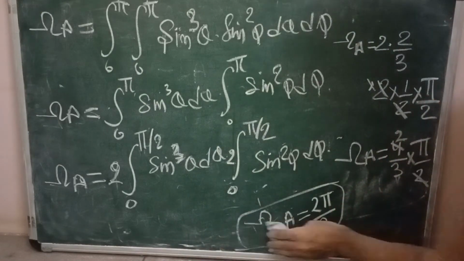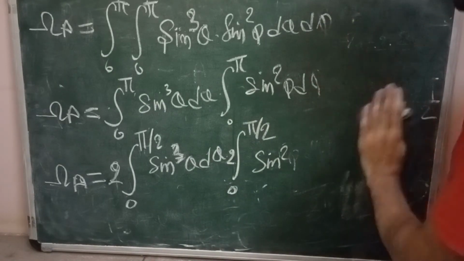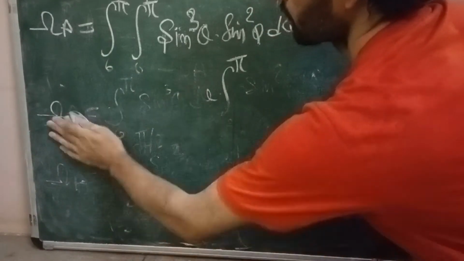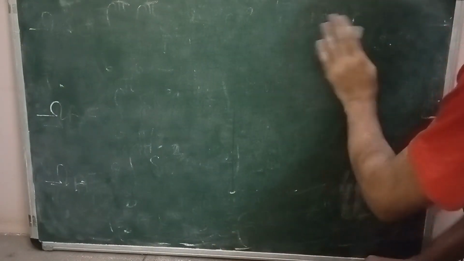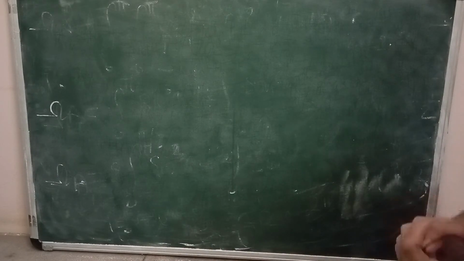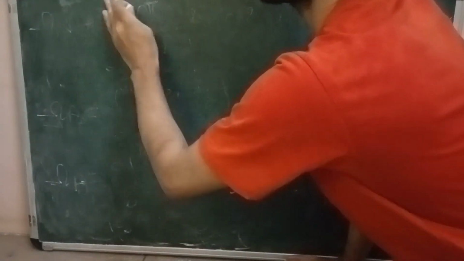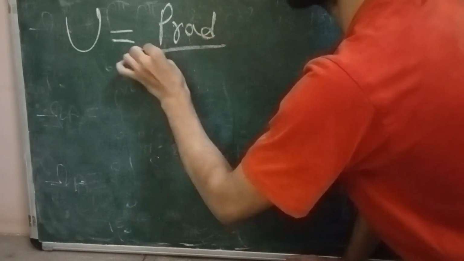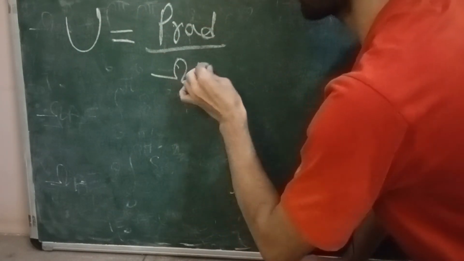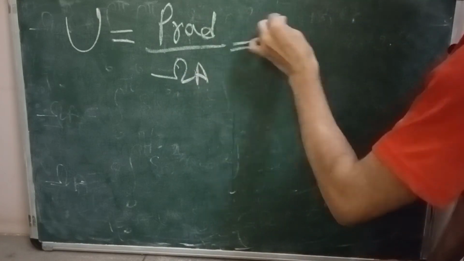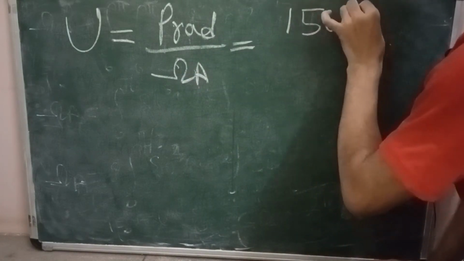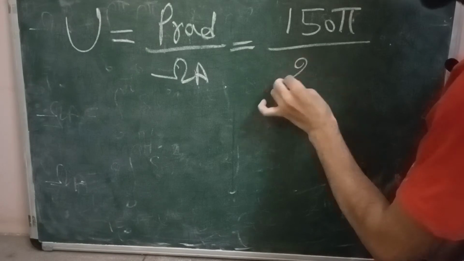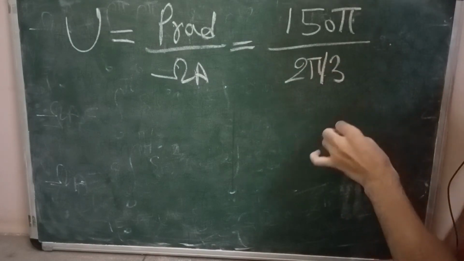So now let us put this into the final answer. Then we will get the radiation intensity in the direction of maximum radiation. This radiation intensity is P radiation divided by the solid angle. P radiation we got is 150 pi, and the solid angle is 2 pi by 3.